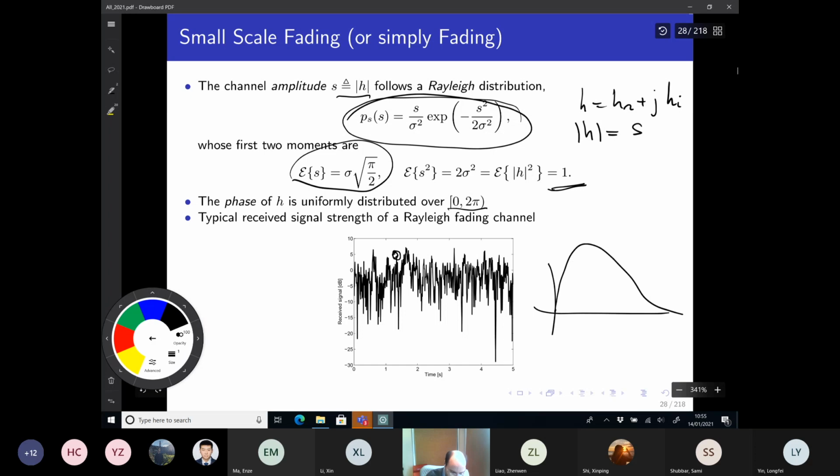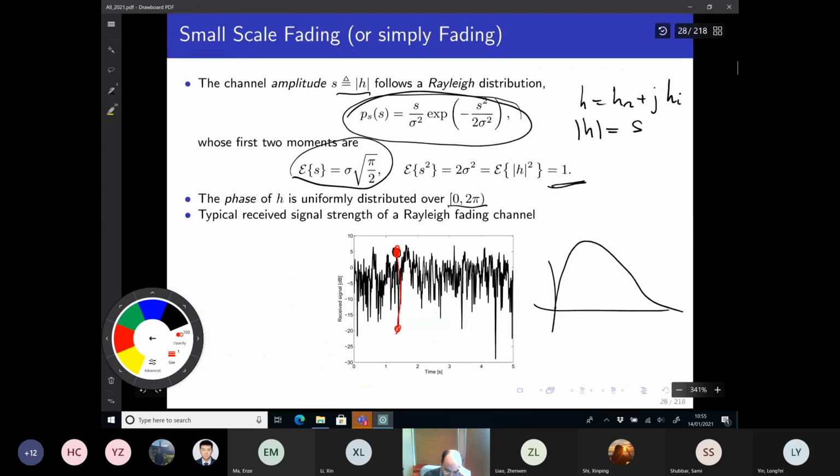And then at the next time instant you drop into something that is very low. So you go from 5 dB instantaneous power, or instantaneous contribution of the fading, to minus 20 dB. You lose 25 dB suddenly, because of the constructive and destructive interaction of those multiple paths.